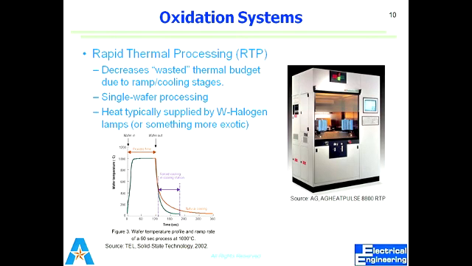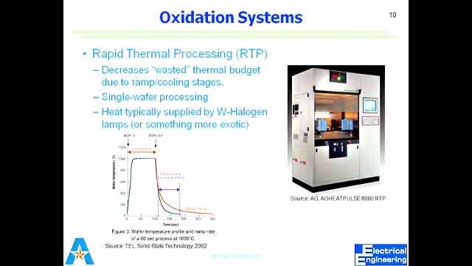Okay, so the time for which you expose your device to high temperature defines your thermal budget or thermal exposure. So in RTP, in rapid thermal processing, what is the major benefit? That it decreased your thermal budget to a much larger extent. Why is it so?